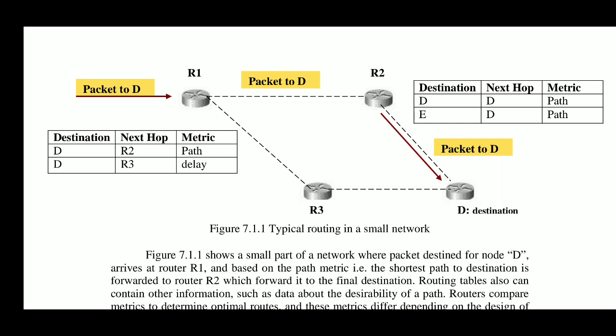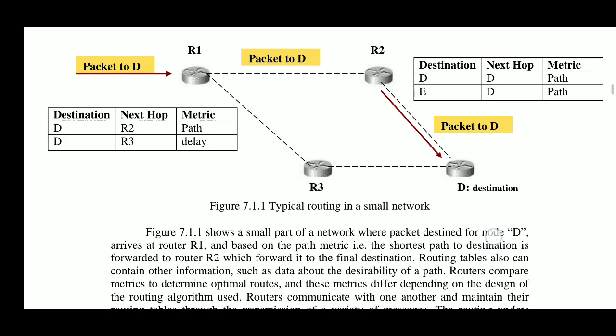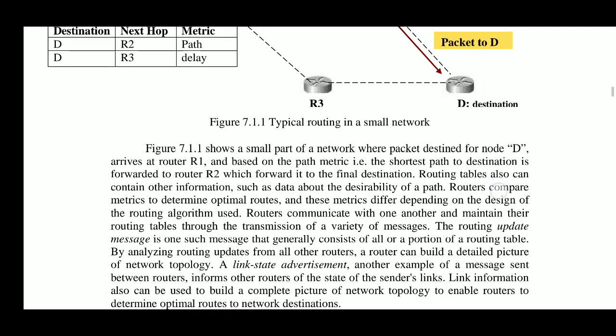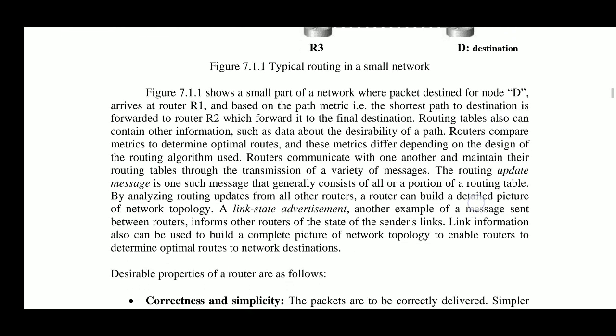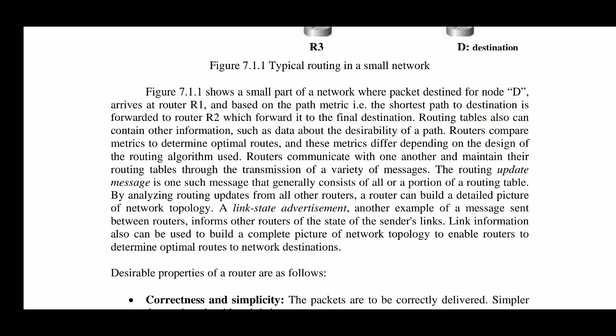So this is how the routing tables are maintained on each router to send the packet from source to destination via intermediate nodes having the information of the next node for the optimal path.